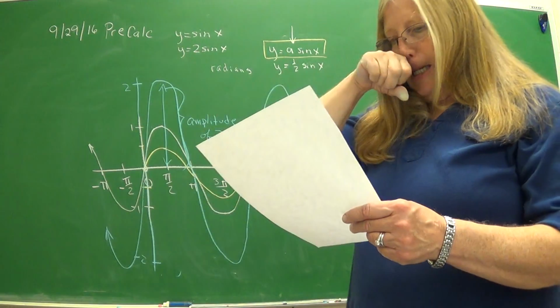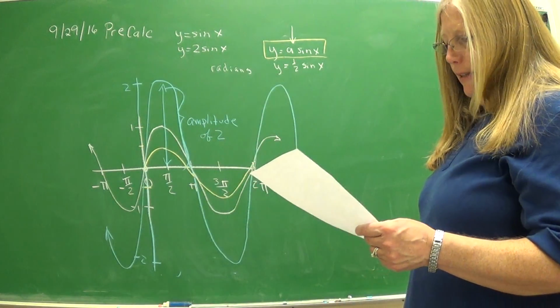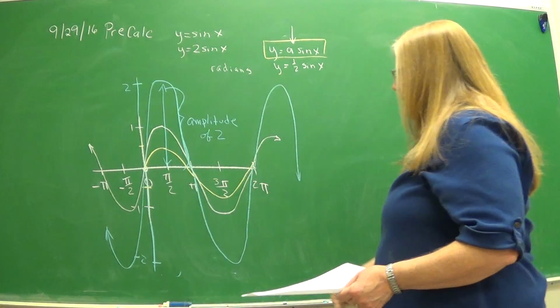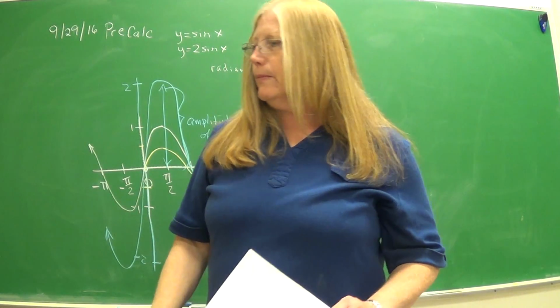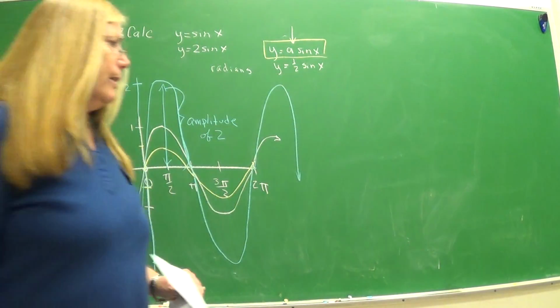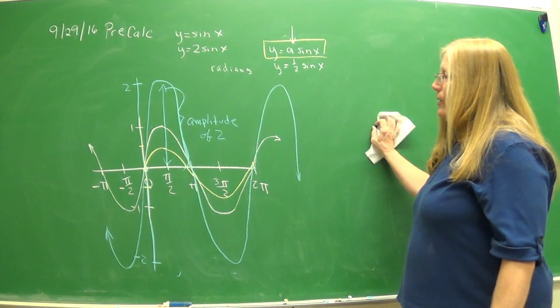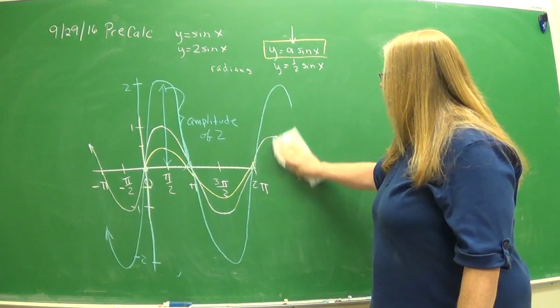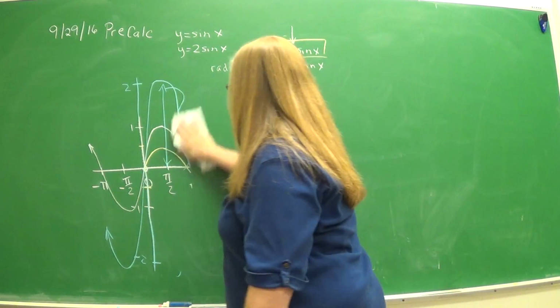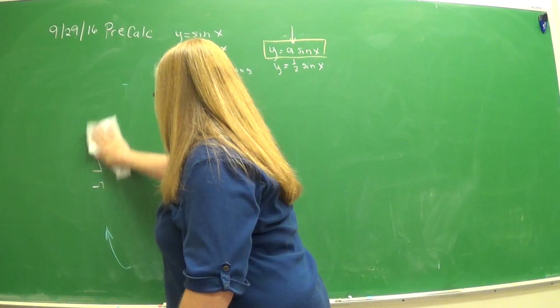All right, let's take a cosine function then and do the same thing. The cosine function is very similar to the sine function, but it starts at a different spot on the y-axis.